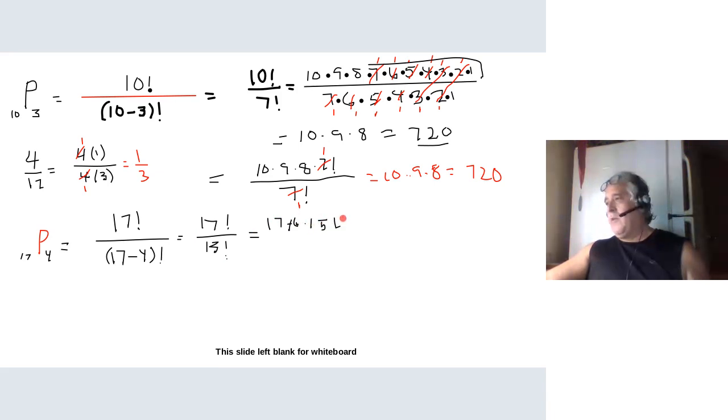So what I'm going to do is I'm just going to go down until I match that one down there, rather than write them all out. So these are being multiplied. So then we knock the 13 factorial out.